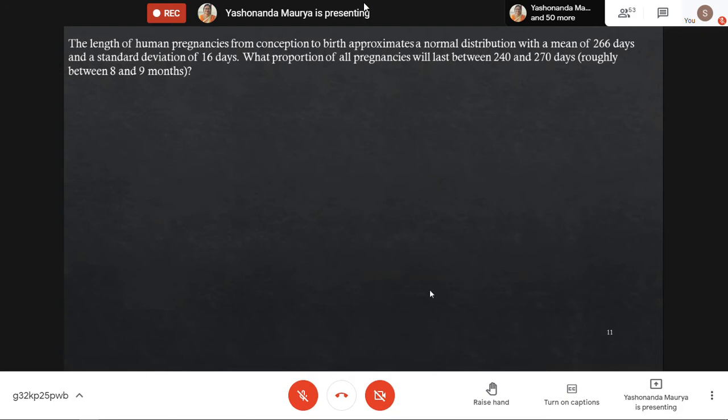The length of human pregnancy, the duration from conception to birth, approximates a normal distribution. This period of pregnancy follows the normal distribution with a mean of 266 days and a standard deviation of 16 days.